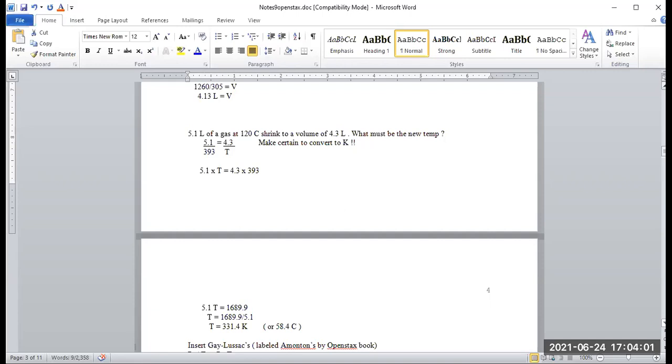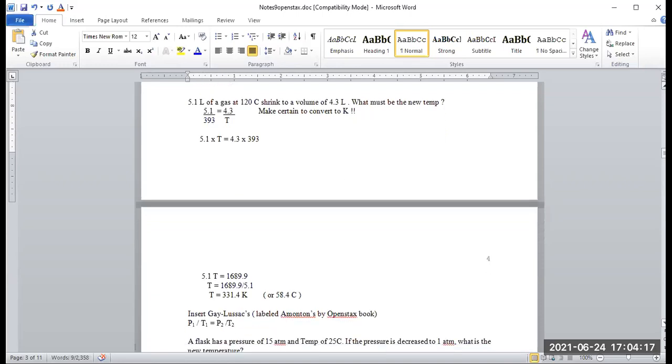But again, I can kind of make a prediction. It ought to be lower, okay? Even once I convert back to Celsius, it should be lower than 120 Celsius. So I went ahead and did my math. I did my cross multiply, 5.1 times T and 4.3 times 393.